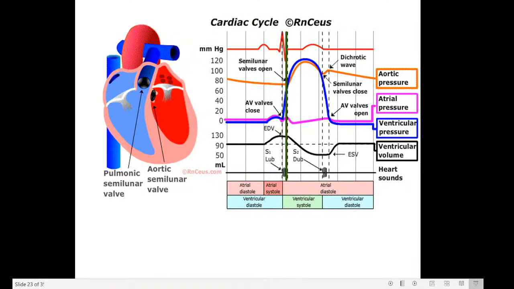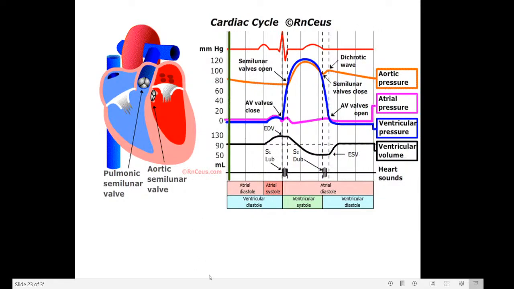This is the image representation of the cardiac cycle. The cardiac cycle is helpful for understanding the ECG. In this image, the step-by-step process is mentioned.